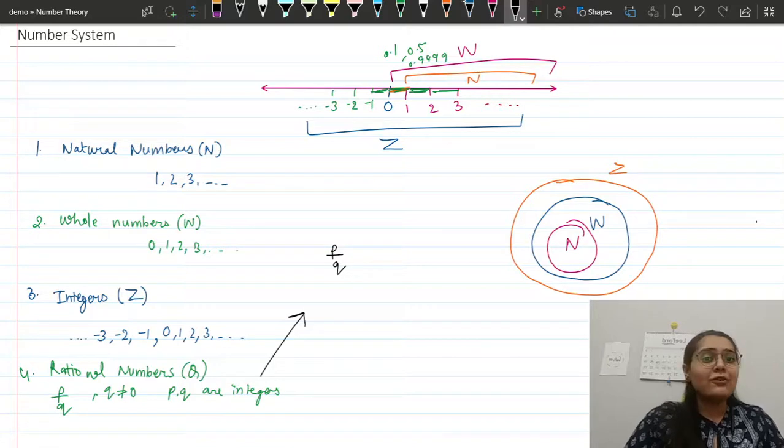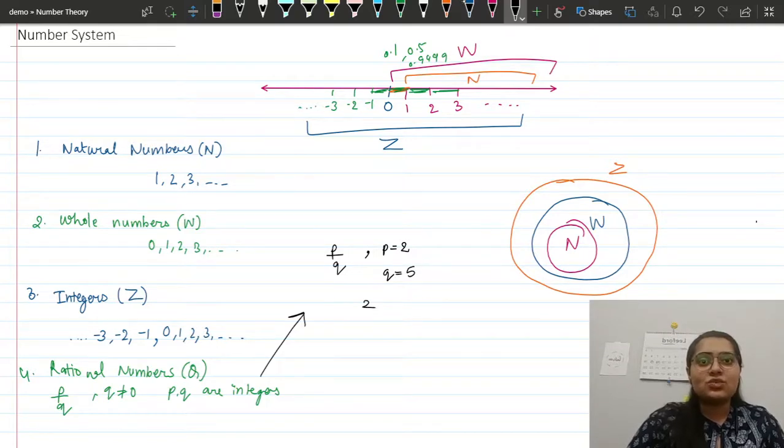Now suppose I have to make a rational number. How would I write it? Let's say that I take P to be 2 and I take Q to be say 5. So I can say that 2 upon 5 is a rational number. Definitely it is a rational number.